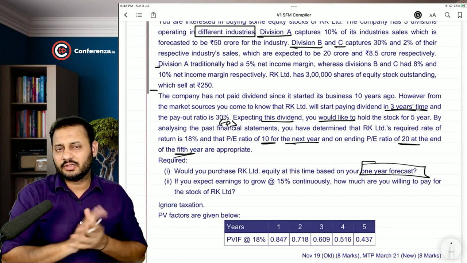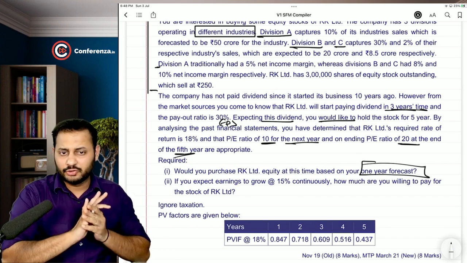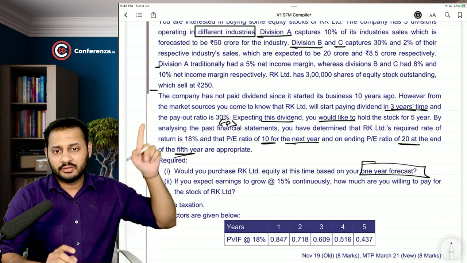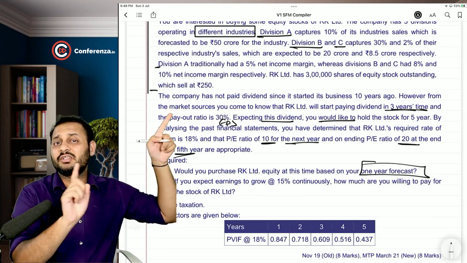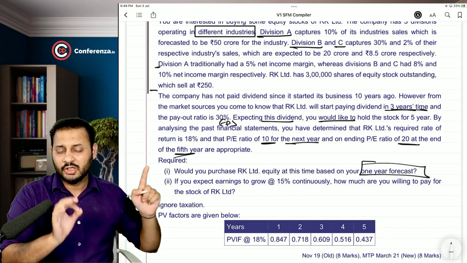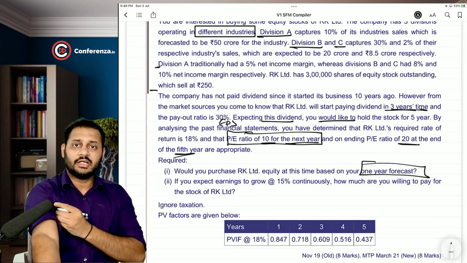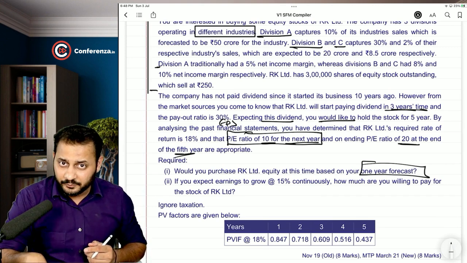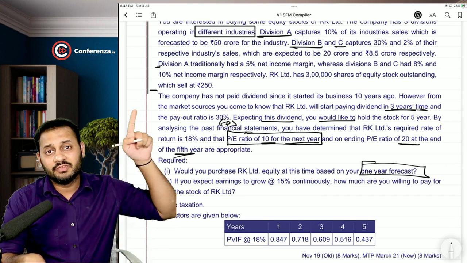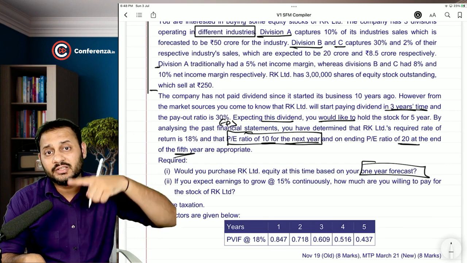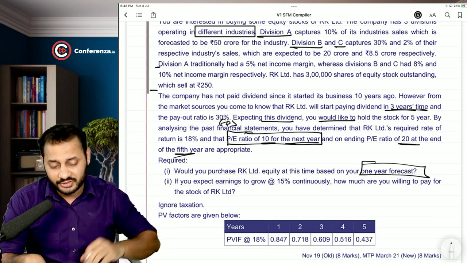If I just consider 1 year, there is no dividend, as the dividend will be paid at the end of the third year. The only 1 year information is that the PE ratio will be 10. That means the market price will be 10 times this EPS at the end of the first year.